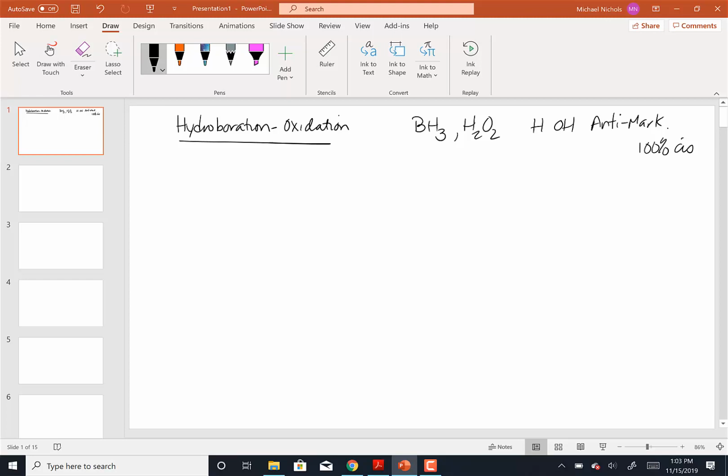So that's what we have to explain with the mechanism. Let's say I take a double bond and I'm going to add the BH3 to it first. There's a couple things about BH3 that are going to be new.